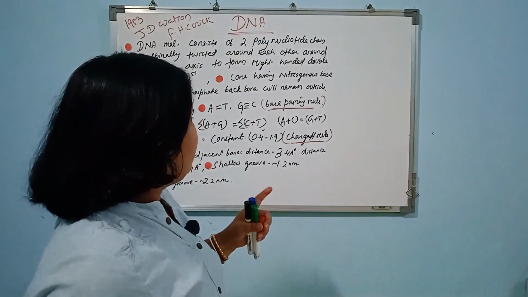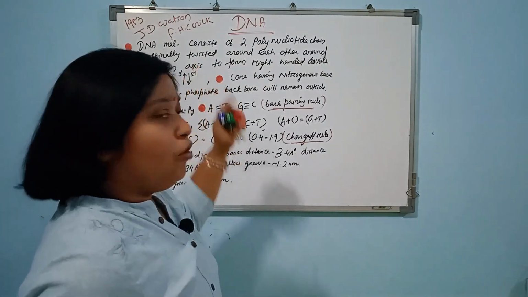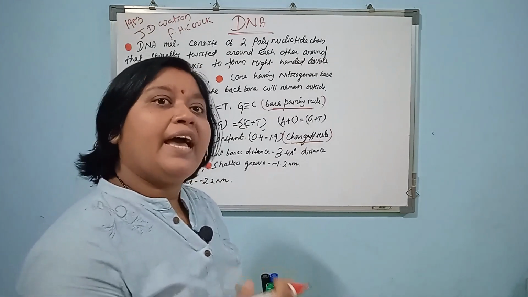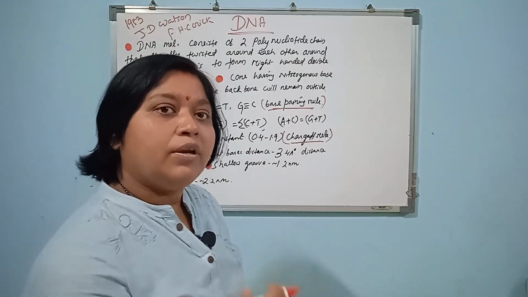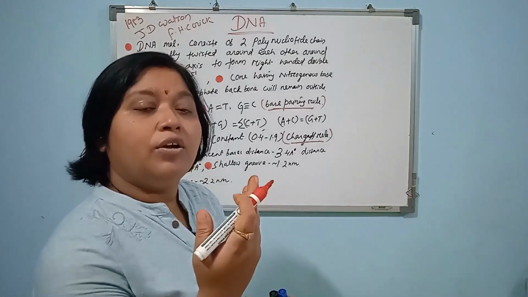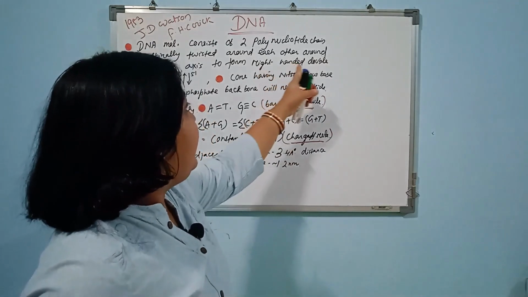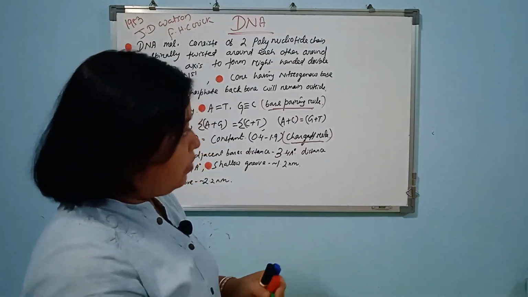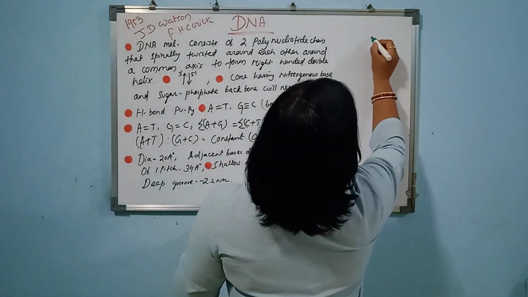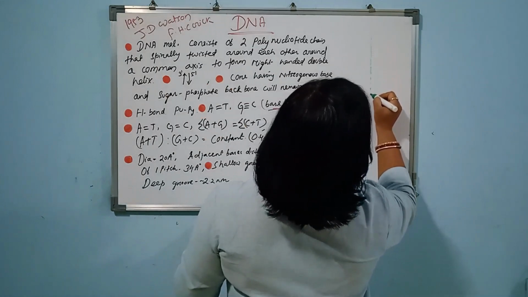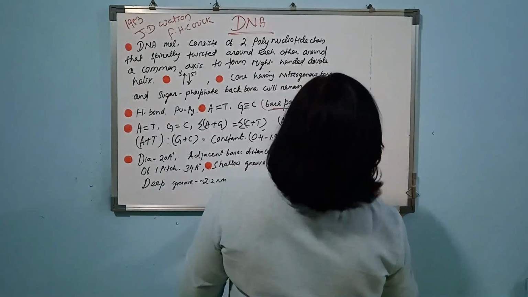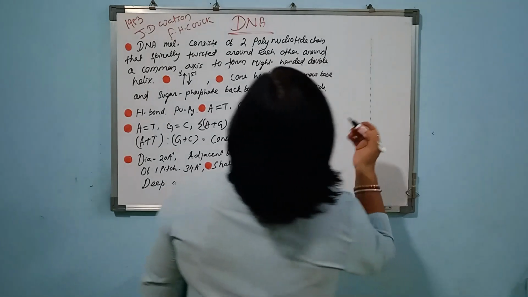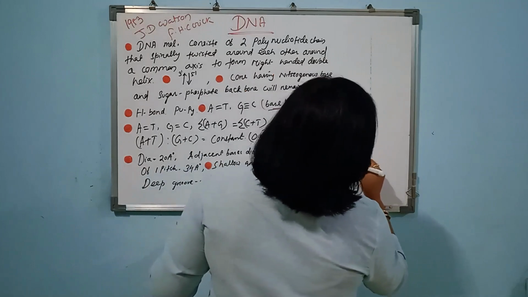What does this Watson-Crick model describe? The DNA molecule consists of two polynucleotide chains. They are twisted around each other around a common axis in a right-handed way to form a right-handed double helical structure. Suppose here I am making one axis. This is an axis. Two polynucleotide chains.